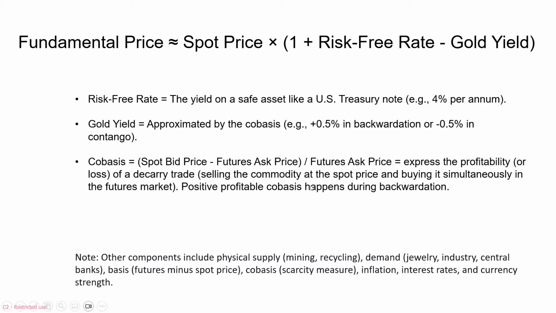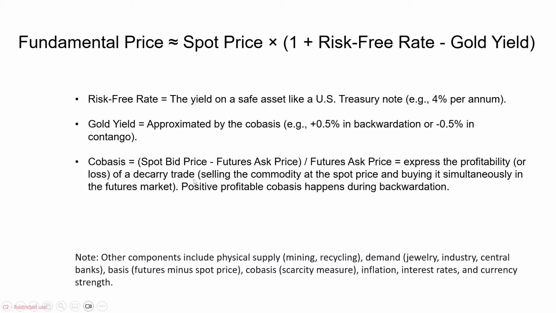So if you sell it at spot at 3,300, you can buy it back at the lower price at 3,000, and you have a positive co-basis. So spot is 3,300 minus 3,000 divided by 3,000. That's a positive number. So you are making money with a de-carry trade.